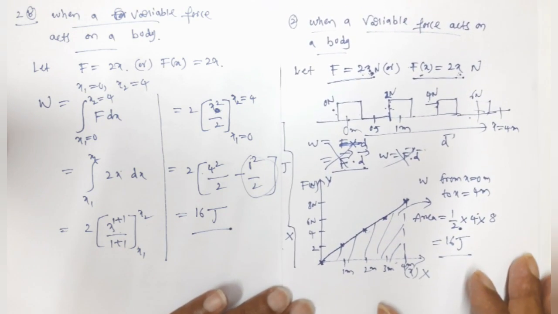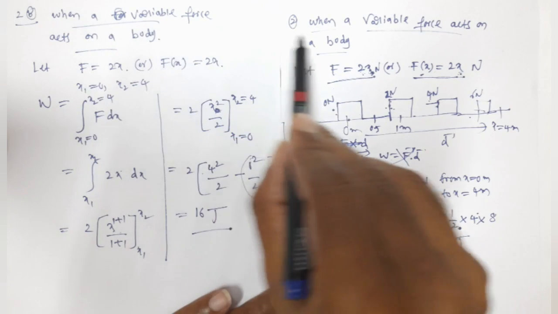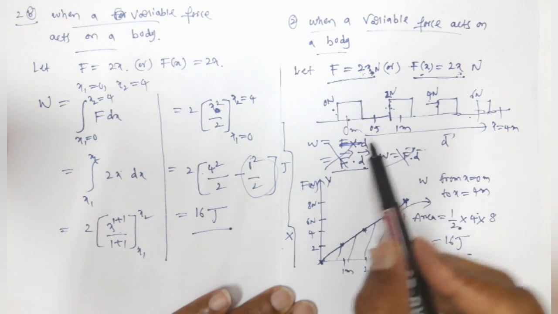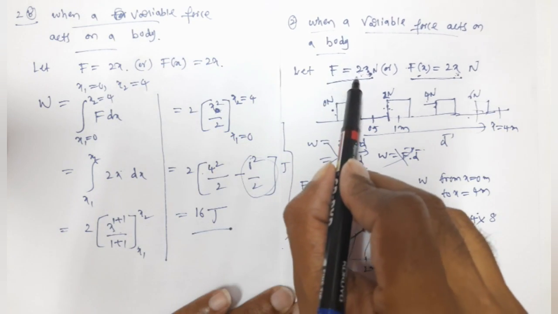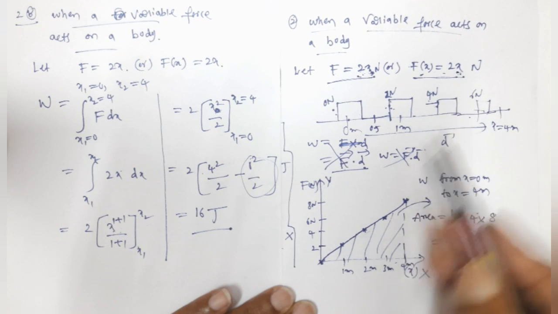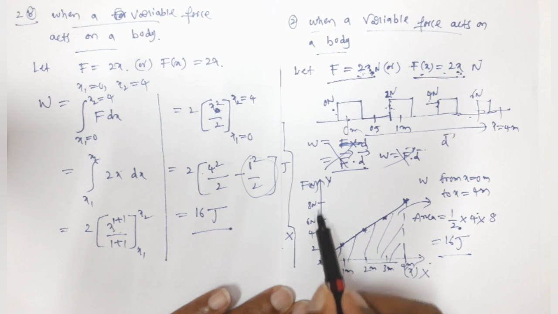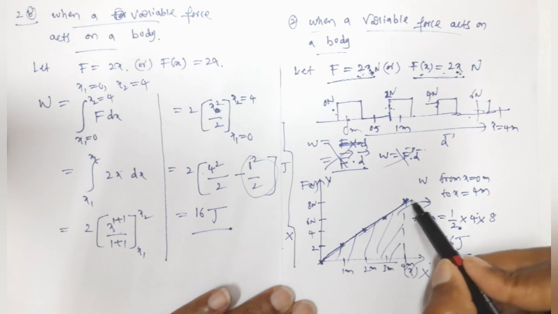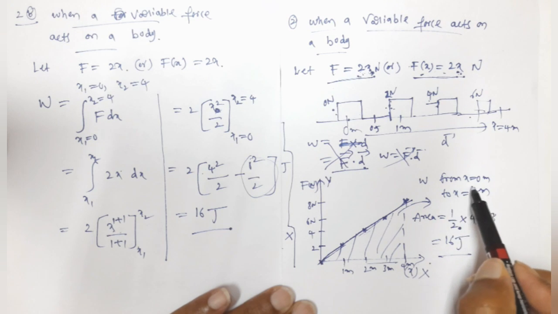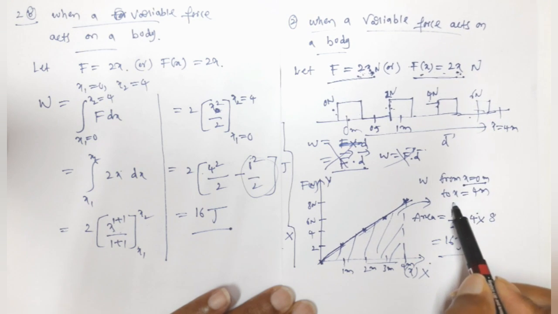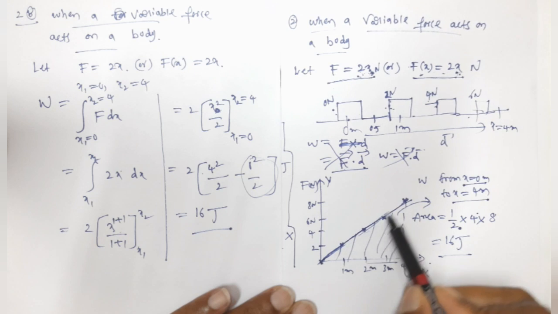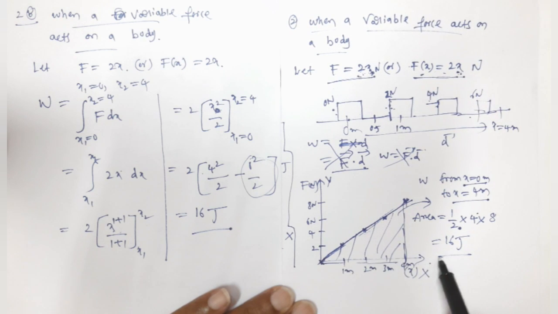See, we have already taken an example. In case 2, when a variable force acts on a body, we took the same thing, F equal to 2x, and we took the graph. We took x values on the x-axis and force values on the y-axis, and we got a straight line. When we calculated work done between x equal to 0 meters and x equal to 4 meters, this area, we got exactly 16 joules.